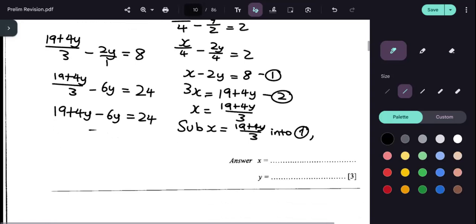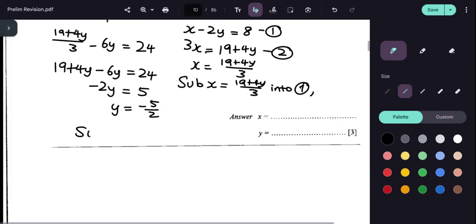Okay, minus 2y is 24 minus 19, which is 5. Y is minus 5 over 2. Alright, then you sub y is minus 5 over 2 into, we can put 1 if you want to.